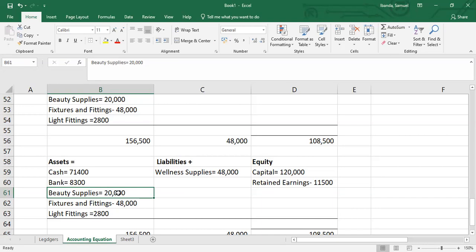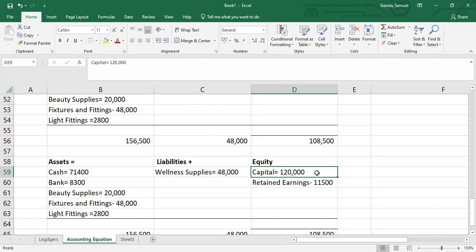Then beauty supplies, 20,000 remains the same. Fixtures and fittings remains the same. Lighting fittings remains the same. Wellness supplies remains the same. Capital, now capital will change. Every time we have drawings or additional capital, then capital is affected.